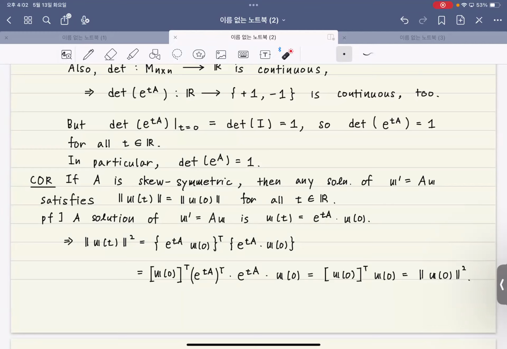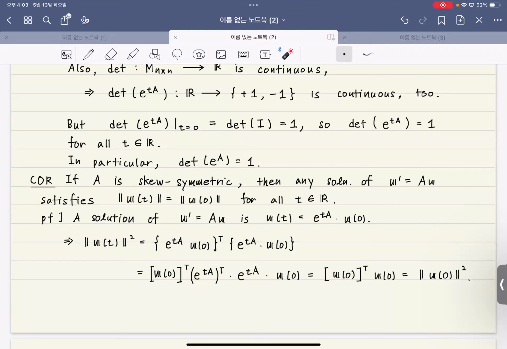Do you remember this? And this system of differential equations always satisfies the condition that the magnitude of vector u(t) is always the same as the magnitude at t equals 0, always the same as the initial condition. So in other words, if A is not skew-symmetric, then the magnitude of your solution vector u(t) will either go to positive infinity or tend to 0 or somewhere else.